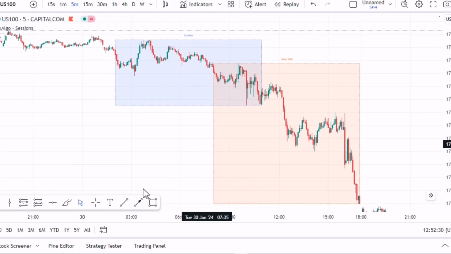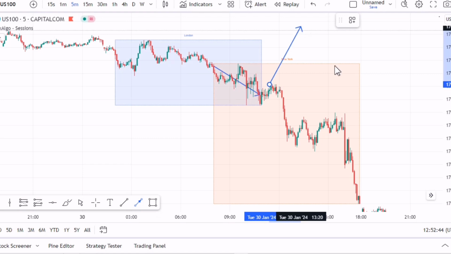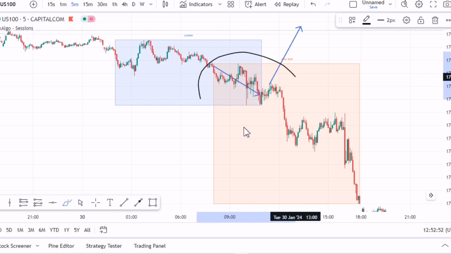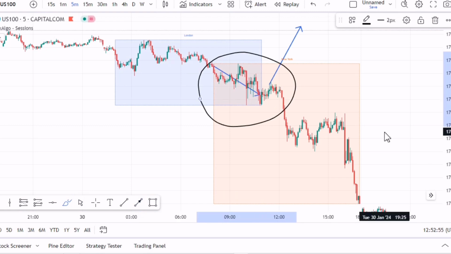Okay, and then we had this day, you mark the first candle of New York, you point at the last candle of London. Now the assumption was that price here was going to buy, but it didn't. Instead it went bearish, and this is what I want us to talk about today, how to avoid this mistake.